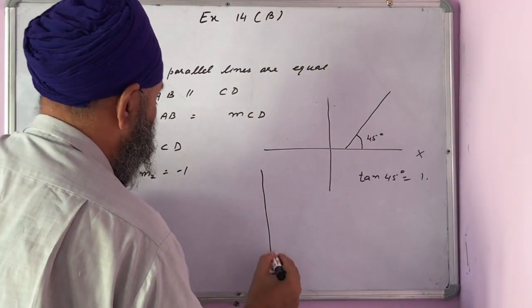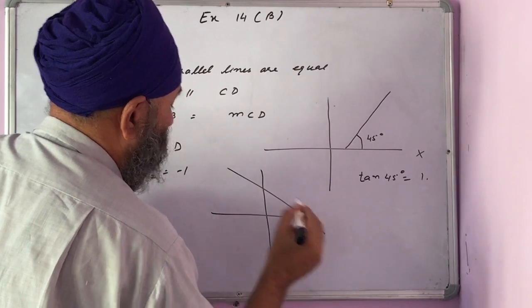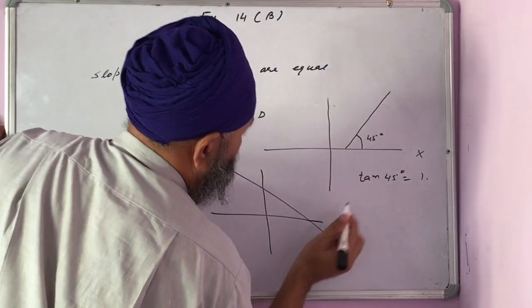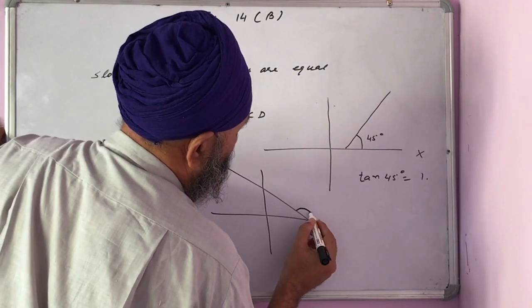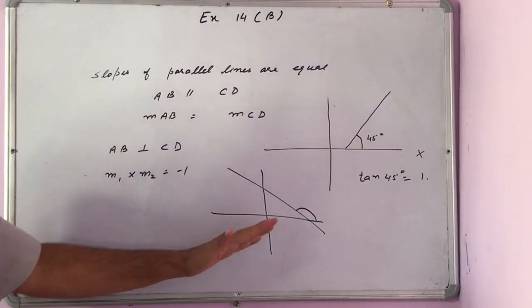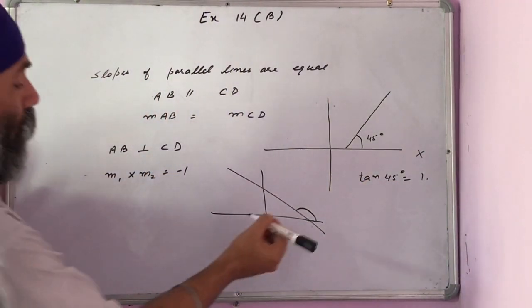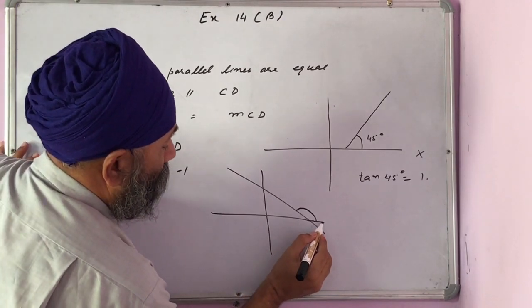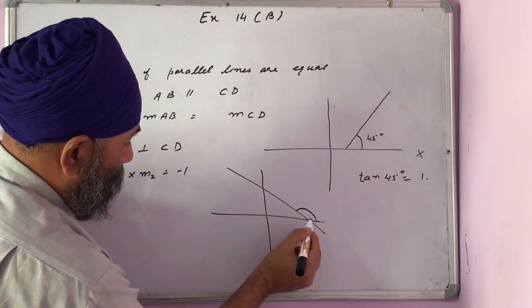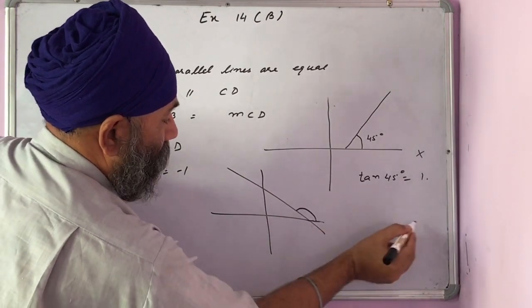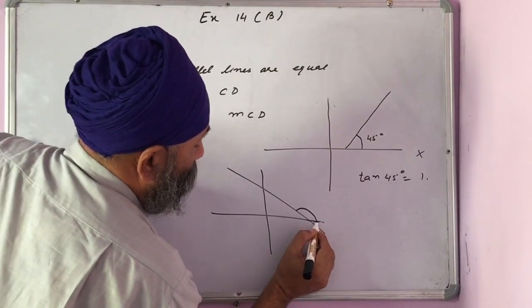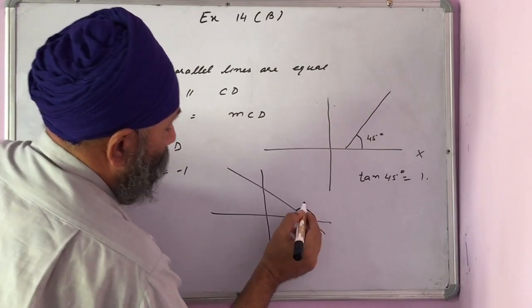But if line goes like that, the slope is the angle that is made by a line with the positive side of x-axis, not the negative side. To this side x-axis is negative, to this side x-axis is positive. So we have to take the angle that is positive.